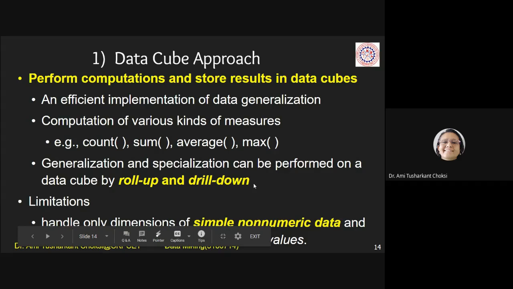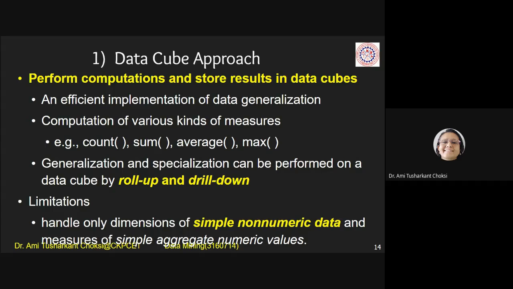Till now we have used the word drill down. Drill down means we are going into the detail of a particular concept. Same way, if we go from low level to high level, that is roll up.